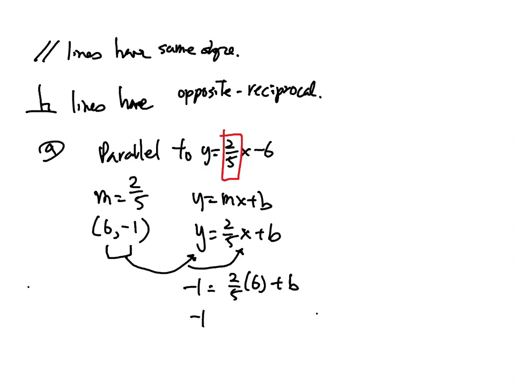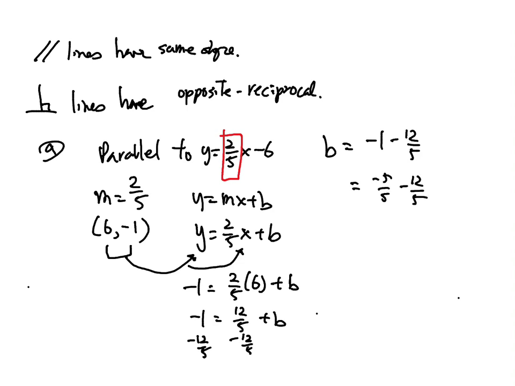So this is negative 1 equal 12/5 plus b. So b is going to be minus 12/5 on both sides. Minus 1 minus 12/5, which is the same as negative 5 over 5 minus 12/5, which is negative 17 over 5.